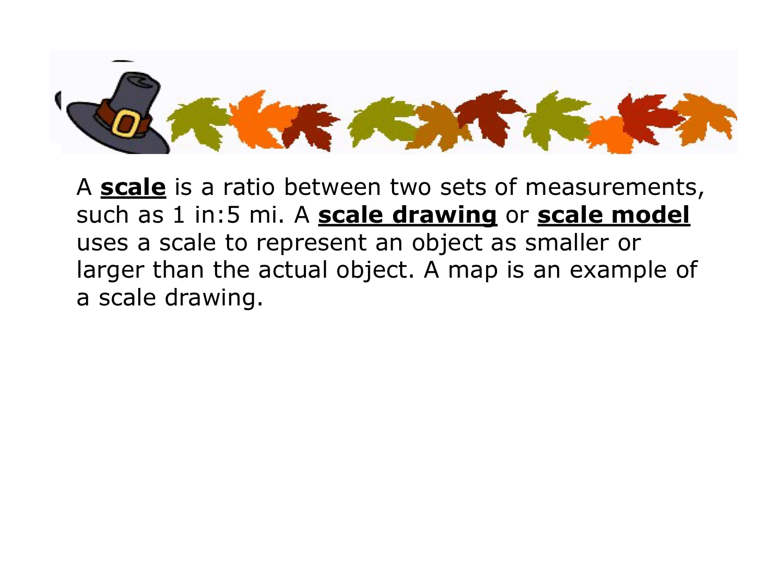So a scale is a ratio between two sets of measures, such as 1 inch and 5 miles. A scale drawing or scale model uses a scale to represent an object that's smaller or larger than the actual object. A map is an example of a scale drawing. Now, what does this mean?